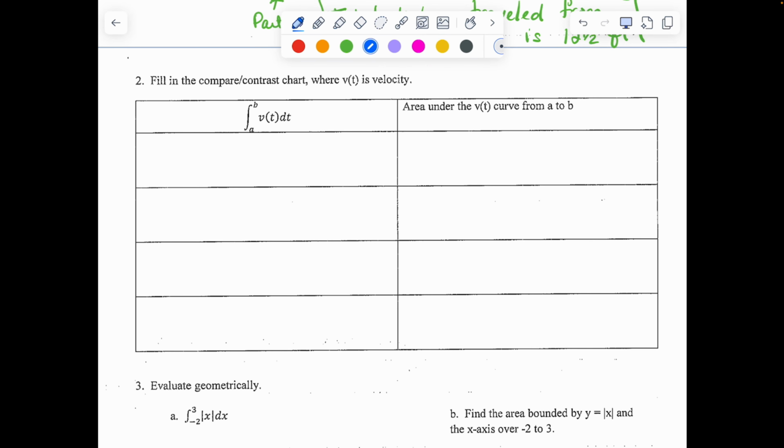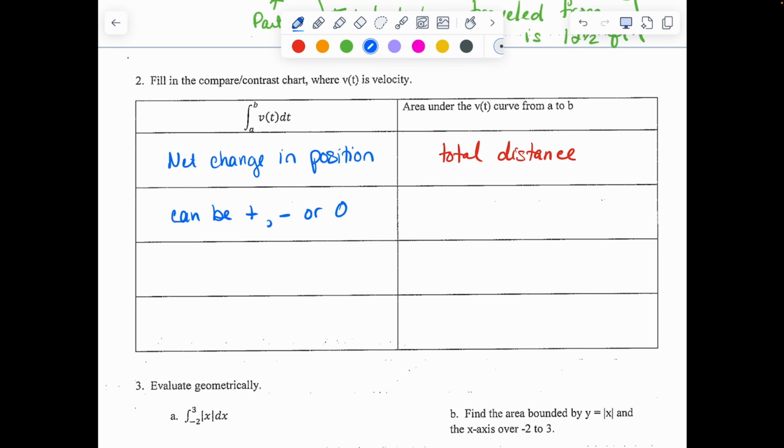On the left, the integral from A to B is going to give us an answer that is the net change in position. The area under the curve is going to give us the total distance. An integral can be positive, negative, or 0. Area is always positive.